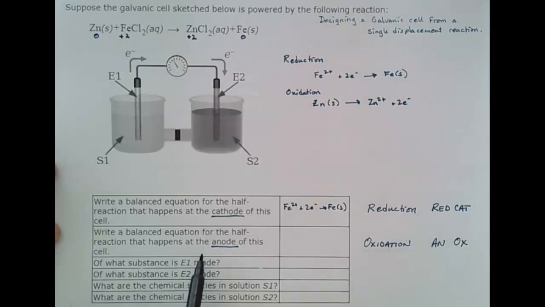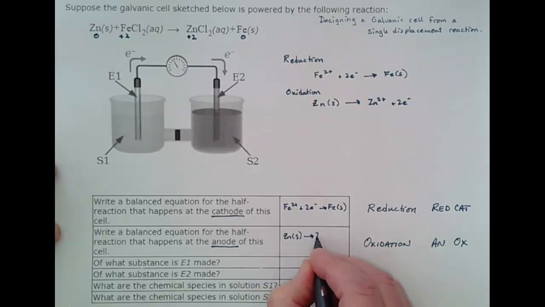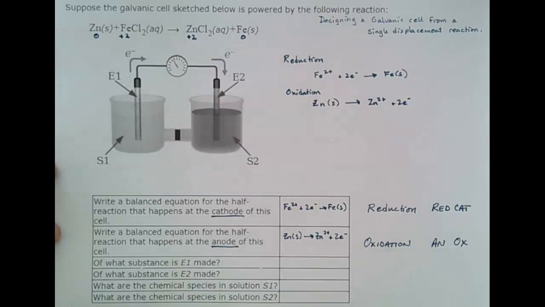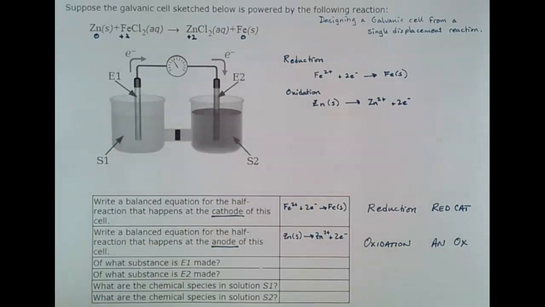If we write the balanced half reaction for what happens at the anode, we're going to write the oxidation of zinc: zinc solid going to Zn2+ plus 2 electrons. And your instructor will probably want you to put in all the phases. You'll have to take a look, but you'll probably want to include aqueous and whatever is given to you up in the equation.